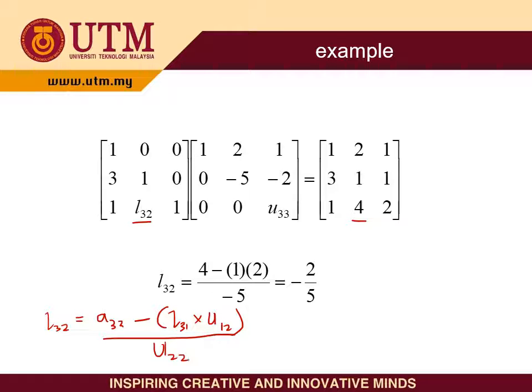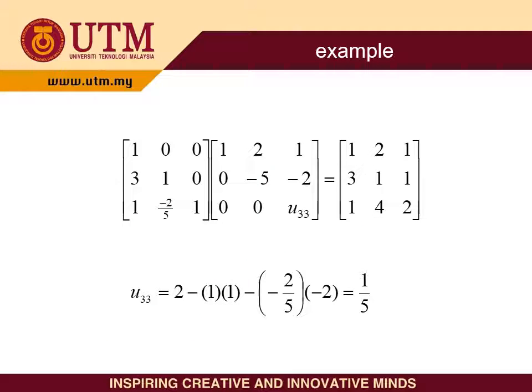So this is A32, and then L31 is here, L31 is 1, U12 is here, row 1 column 2, and then divide by U22, which is -5. So this is your L32.